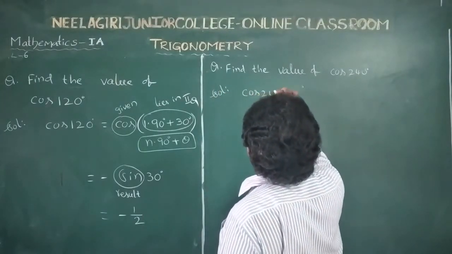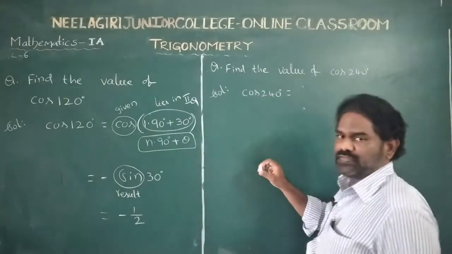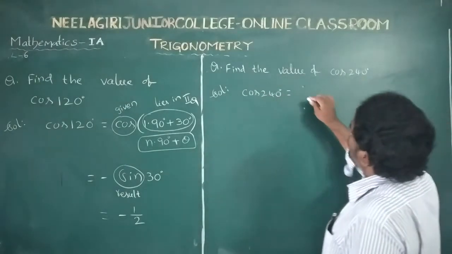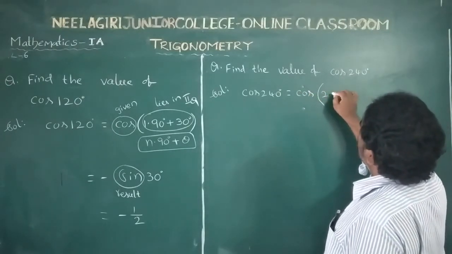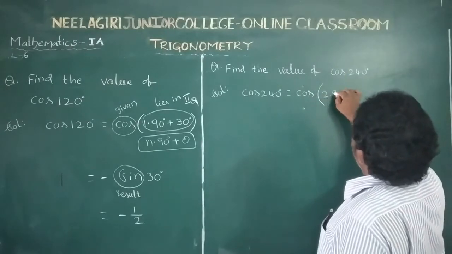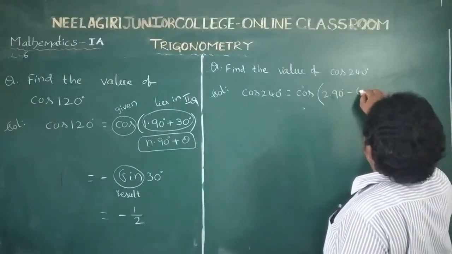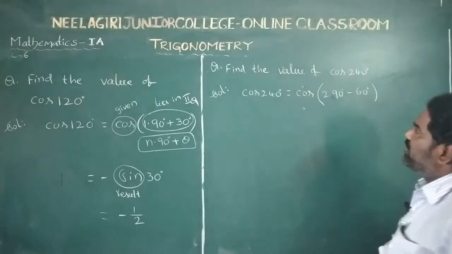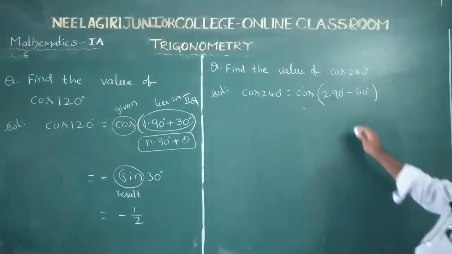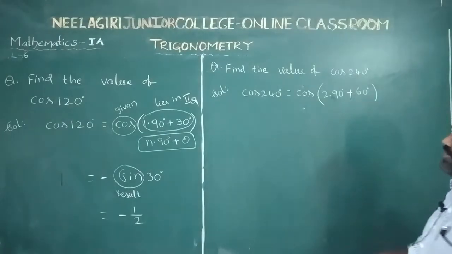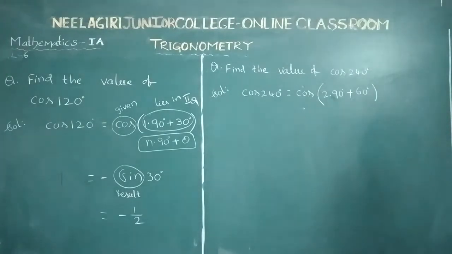Cos 240 can be written as cos of 2 into 90 degrees plus 60 degrees. 2 into 90 is how much? 180. 180 plus 60 is 240.